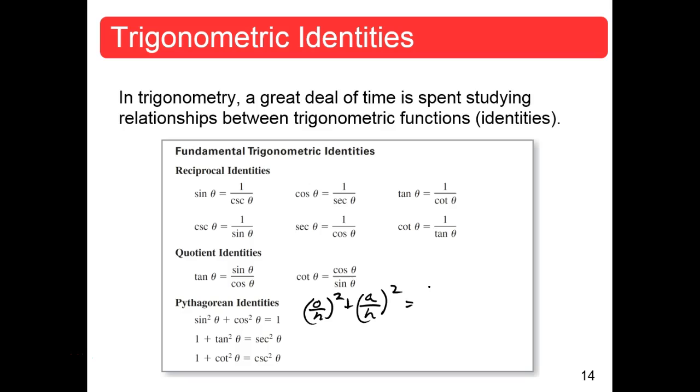Well, let's just leave it alone and see what it comes up being. This will be opposite squared over hypotenuse squared plus adjacent squared over hypotenuse squared. Well, that has a common denominator. That will be opposite squared plus adjacent squared over hypotenuse squared. But what is the opposite squared plus the adjacent squared?